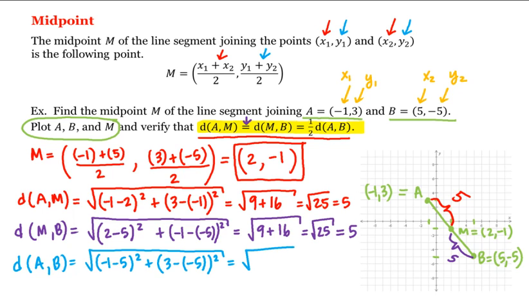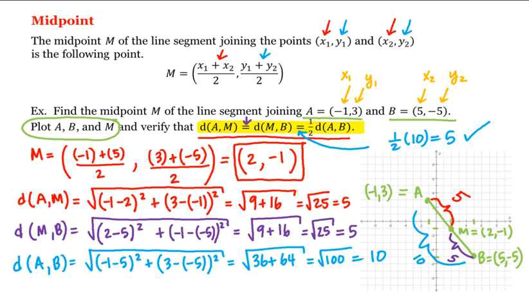This is the square root of -1 minus 5 squared, which is -6 squared, or 36, plus 3 minus -5, or 8 squared, which is 64. That is the square root of 100, or 10. So sure enough, this distance here between A and B is 10, which means we verified this second equality over here, because 1/2 of 10 is 5.